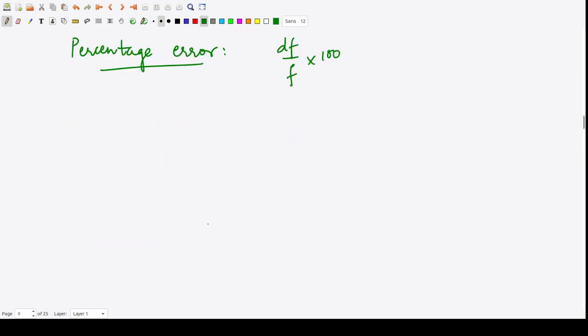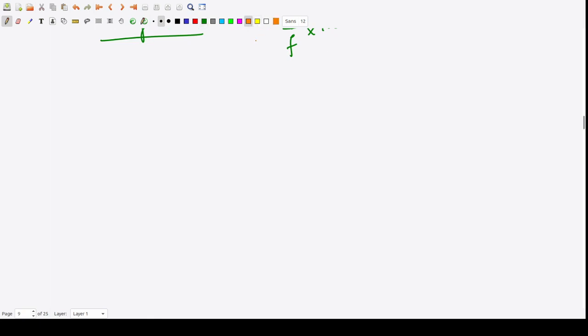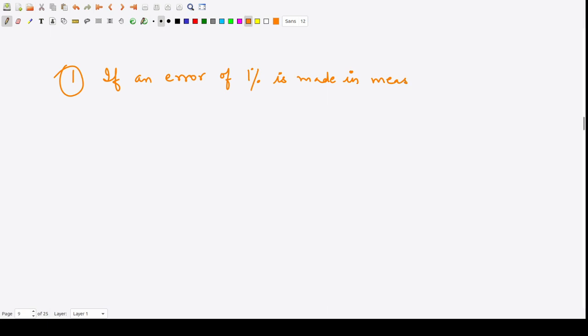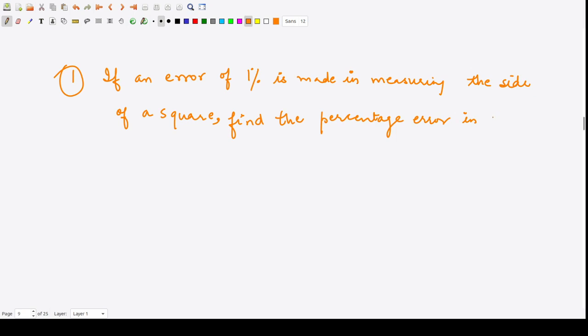So these are certain formulas. Now let us have a quick look at some problems. The first problem I'm taking is: if an error of 1% is made in measuring the side of a square, find the percentage error in its area.